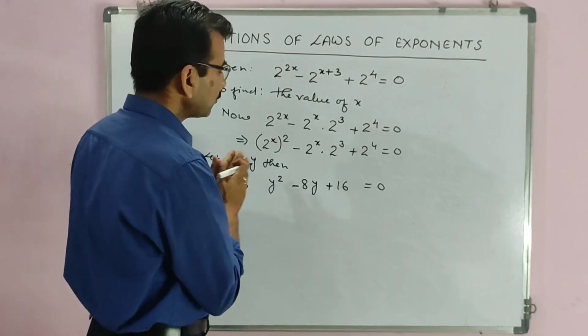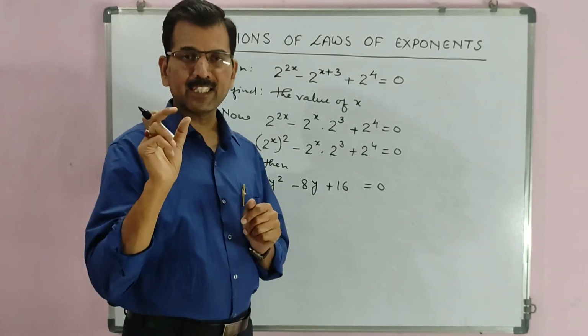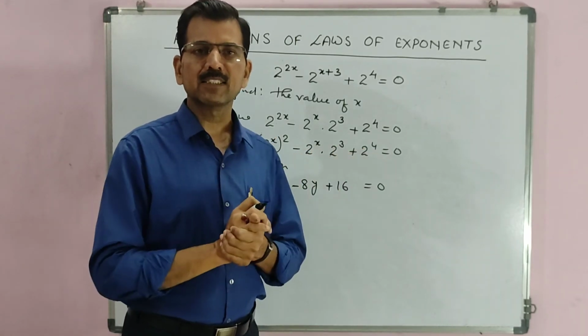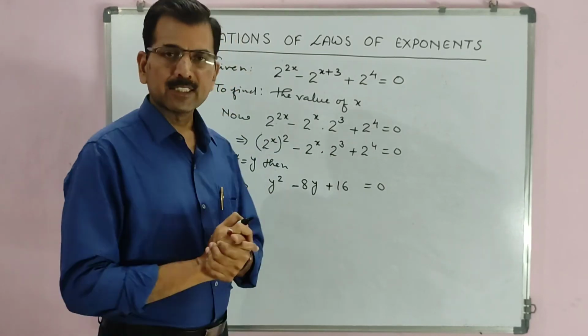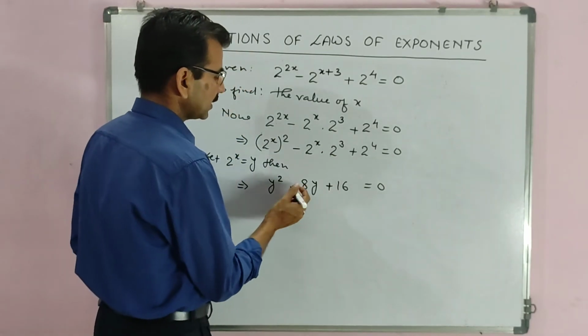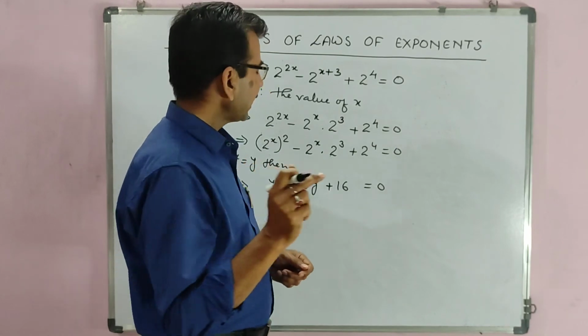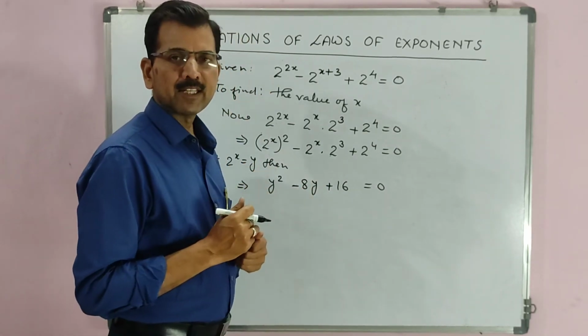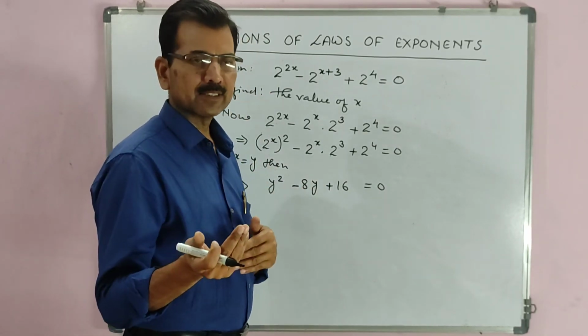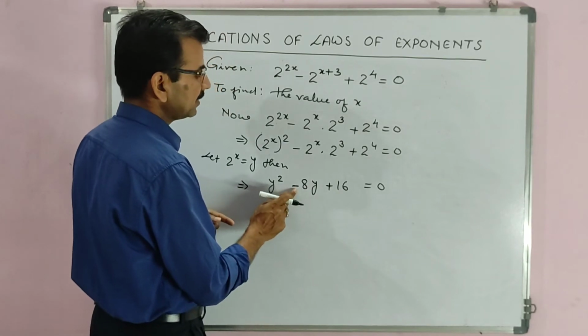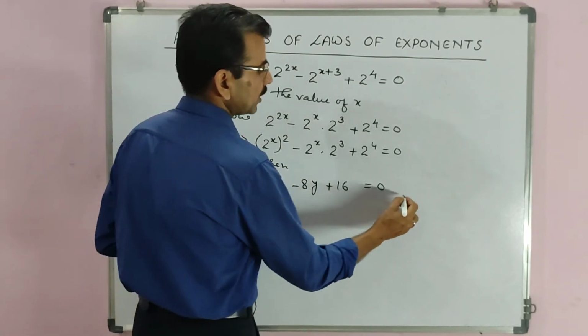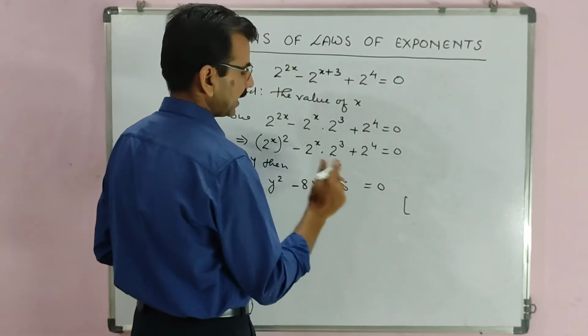Now we know one identity we have learned in the lower classes: a minus b whole square and a plus b whole square. Since minus is there with the middle term, we use the minus identity.